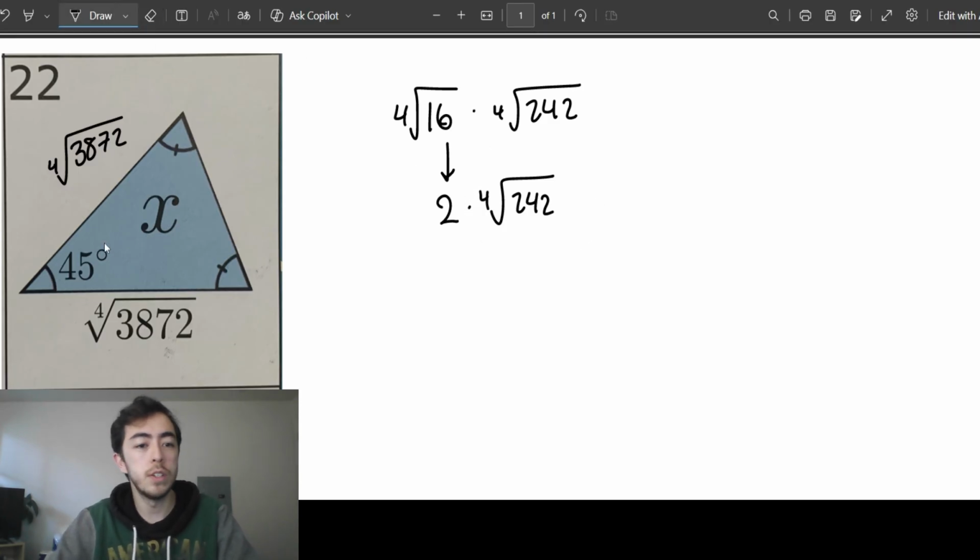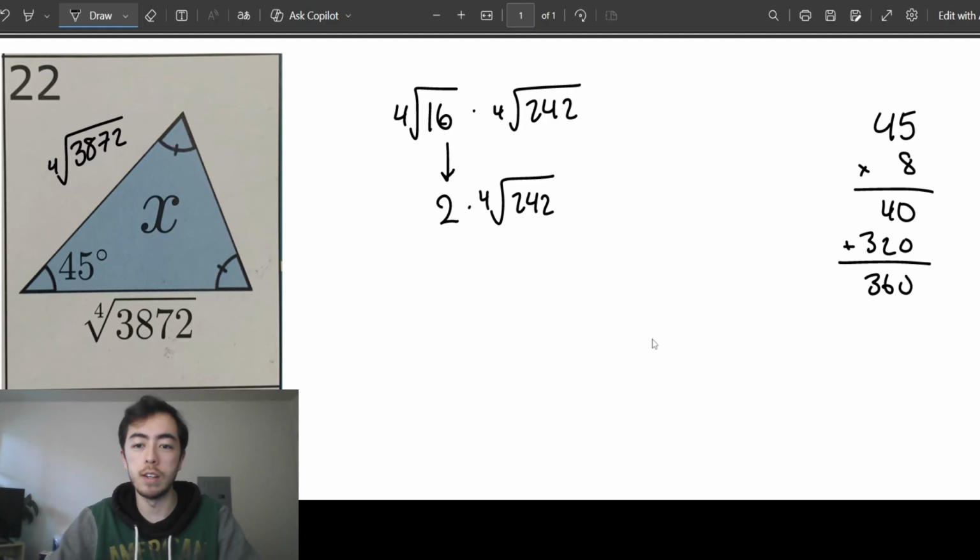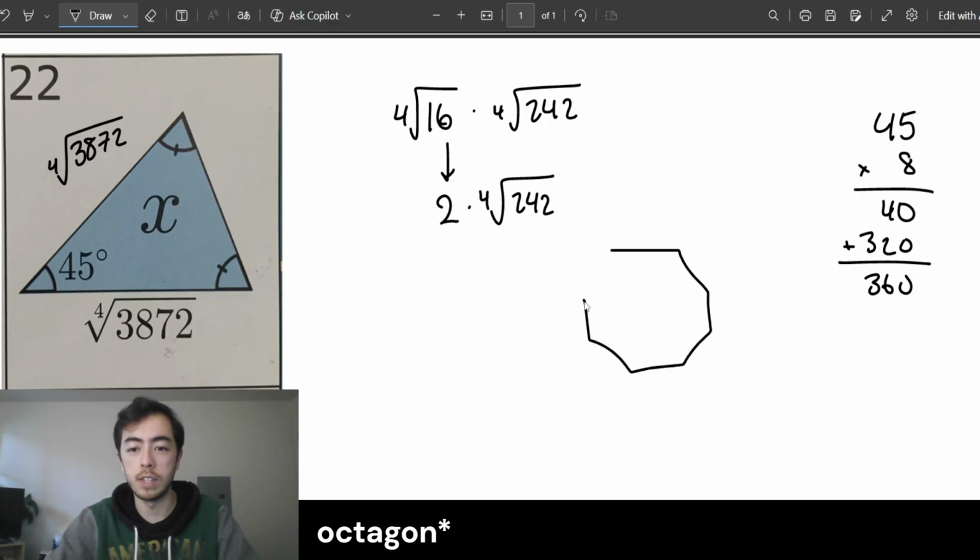Something kind of interesting about this problem, so this 45 degrees right here is going to essentially fit perfectly in an octagon. We could multiply that 45 degrees by 8, getting 360 right here. And that just shows that we could stack 8 of these, or I guess rotate 8 of these triangles around and just get a perfect regular octagon.